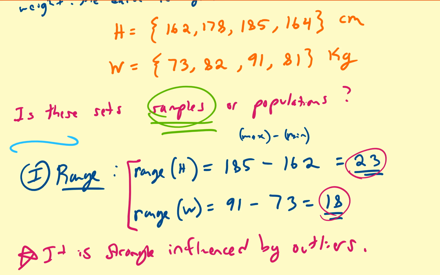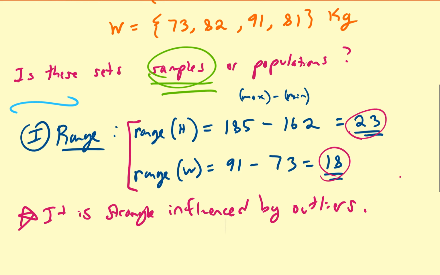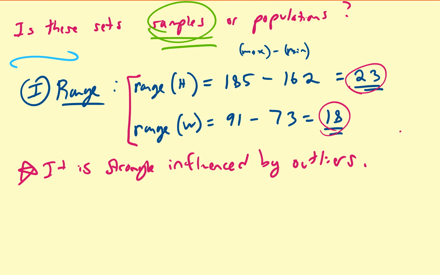So therefore, this possibly is a misleading conclusion, because a particular outlier value will tell us that it's really spread out when actually it's not. So that's why we're going to choose the other measures of variation to describe the variation of a data set.